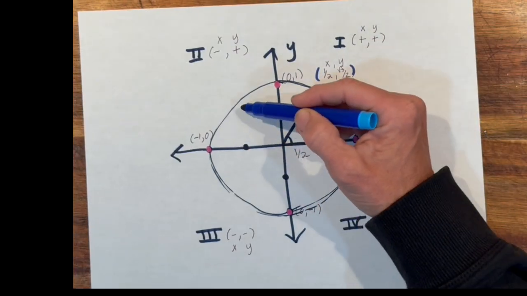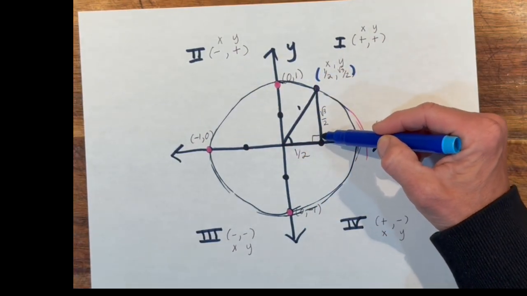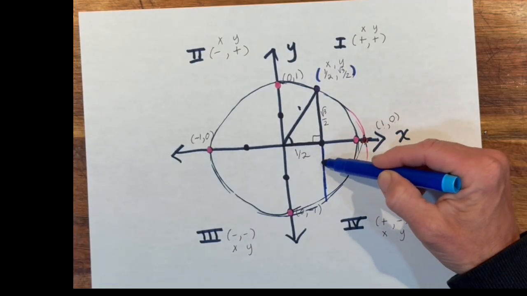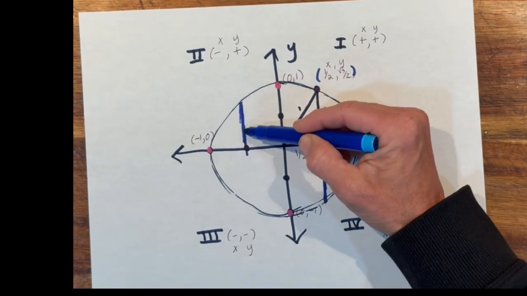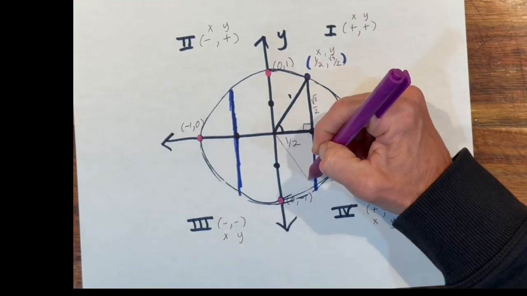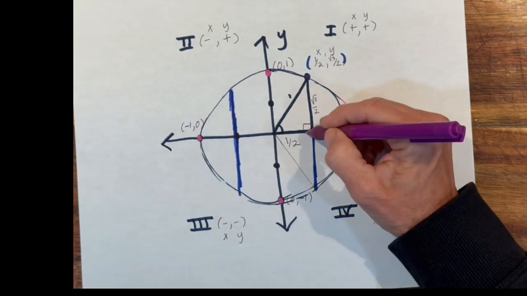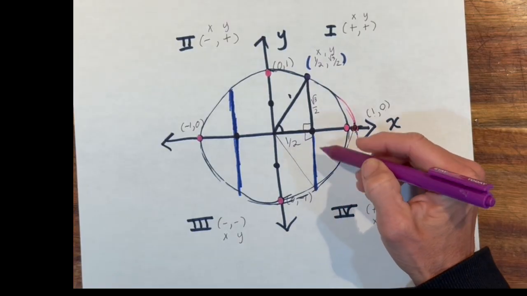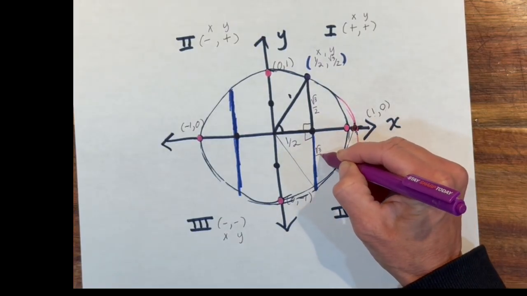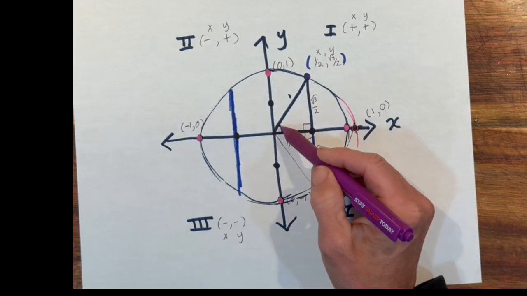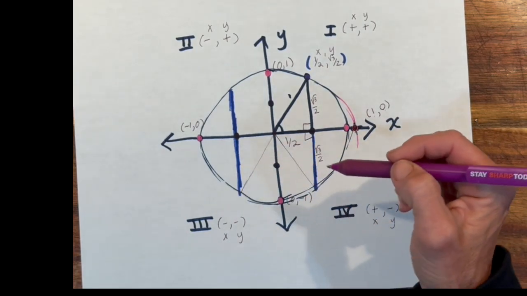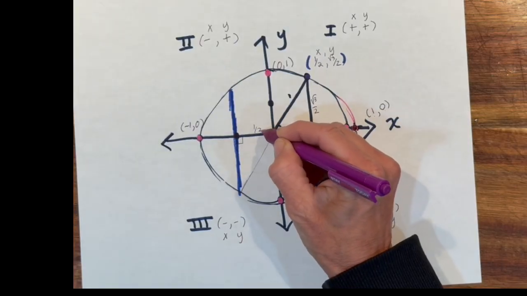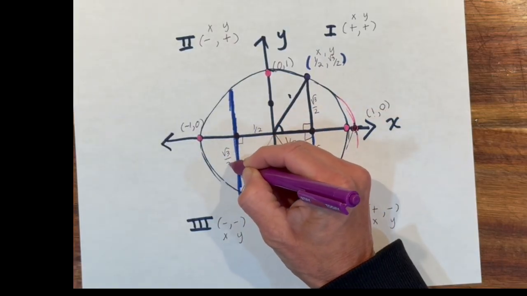If this is half here, I can also go down, this is also half. I could imagine this angle here. Again, it's a right angle. This is half, and this is rad 3 over 2. And I could equally draw this triangle. This is half, and this is rad 3 over 2.